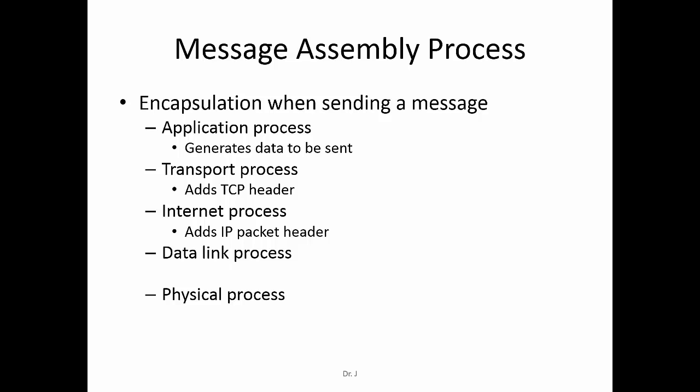Then another process called the data link process will add a frame header and a trailer to the combination of the original data, the TCP header, and the IP packet header. The frame is this big envelope that contains everything, and finally everything will be turned into an electronic signal and sent to the network.